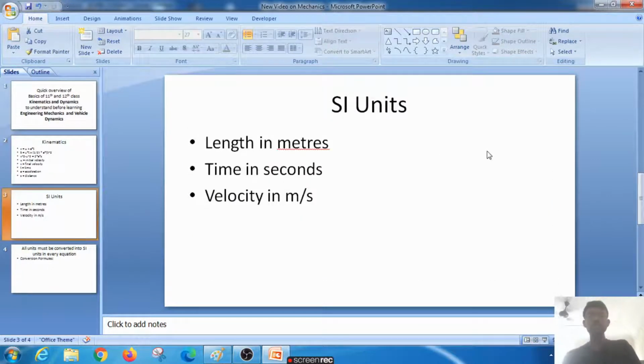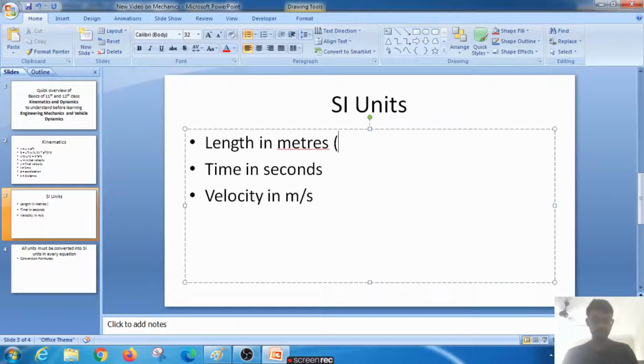Again, units play a very important role in calculating anything in engineering problems, right? So you have to know the SI unit for every fundamental quantity.